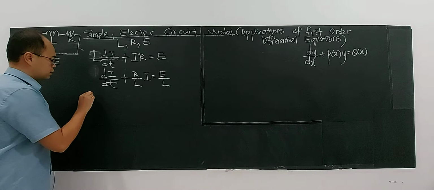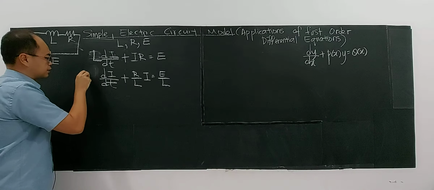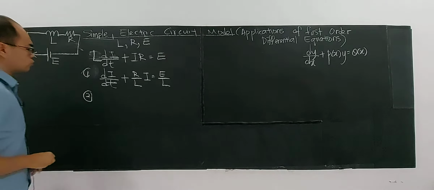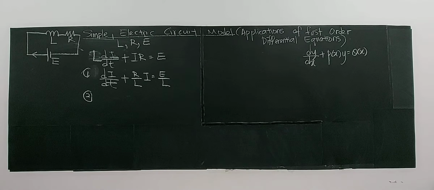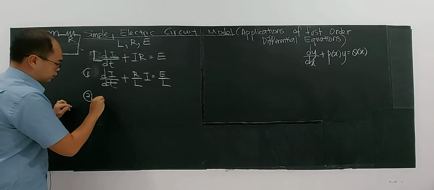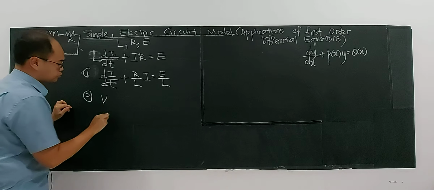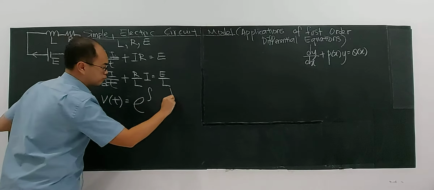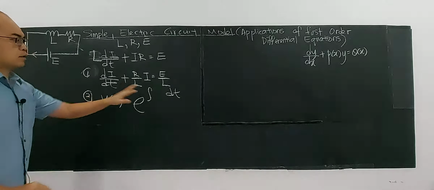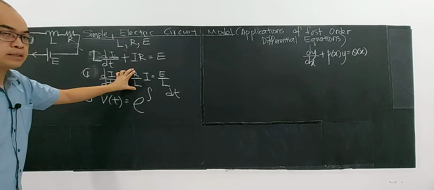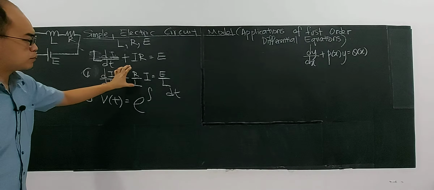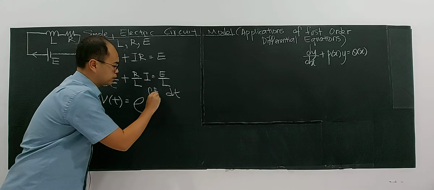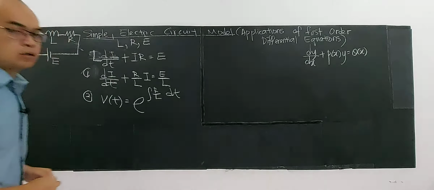You still remember that the first step is the standard form. The second step is to write the integrating factor, which is e to the power of the integral of P(t). Here P(t) is R over L, and remember that R over L is a constant.